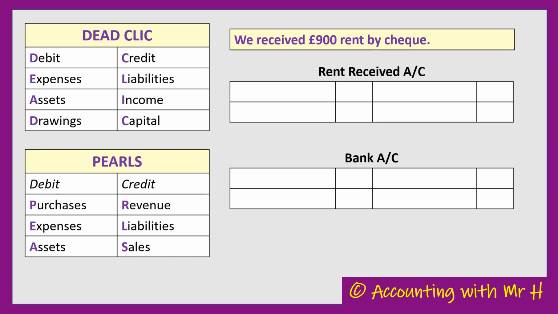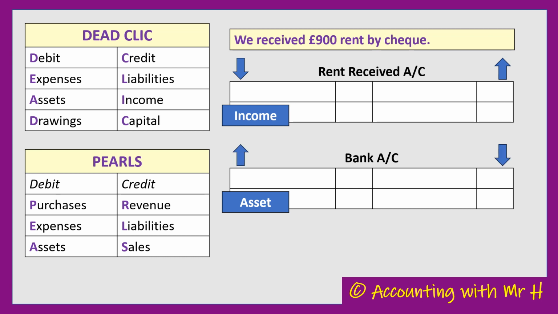This one, we received £900 rent by cheque. So rent received is an income, and CLIC tells us to credit an income account to increase the value and debit therefore to reduce. And then it came by cheque, so the bank account, bank is an asset, debit assets to increase, credit to reduce.